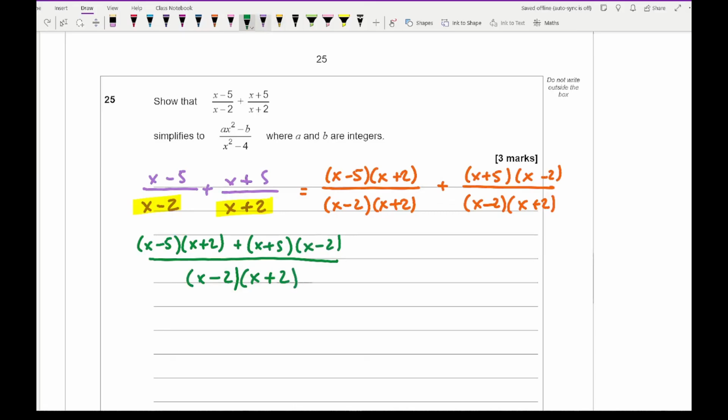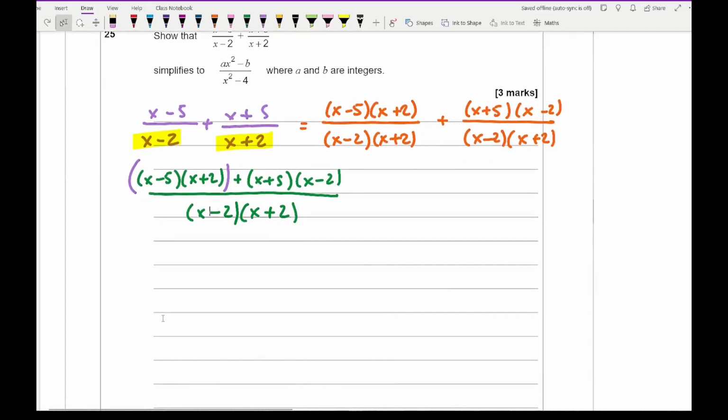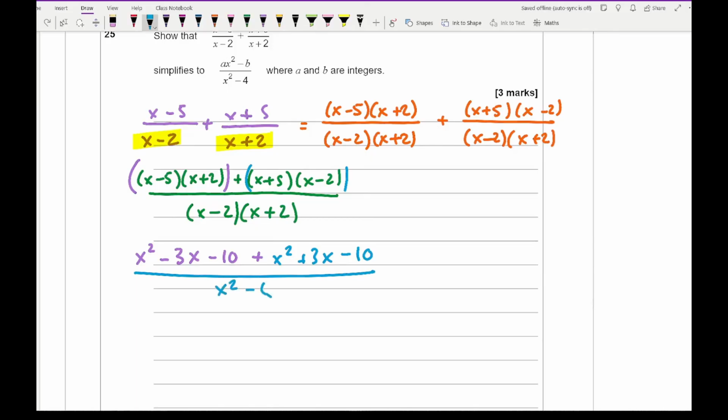Then simplifying this, if I do this bit first, that's going to give me x squared minus 3x minus 10, plus, and if I do this in a different colour, let's use blue, that's going to be x squared plus 3x minus 10, and that's all over the expansion of the bottom, which is going to be x squared minus 4.